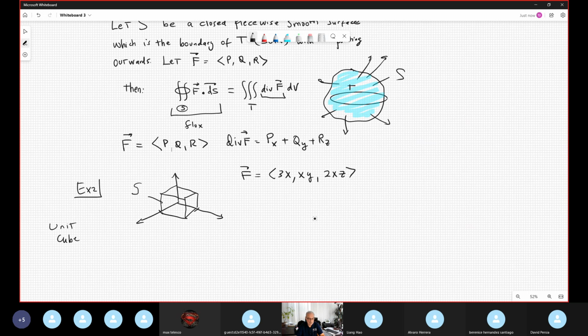But the surface is complicated because it has 6 faces: the front and the opposite, the bottom, the right, and the left. To compute this surface integral over the closed compound surface, you need to compute the surface integral over S1 plus the integral over S2, and so on, up to S6.